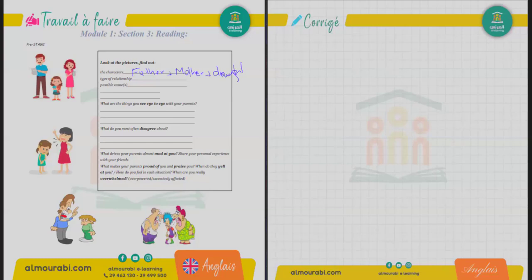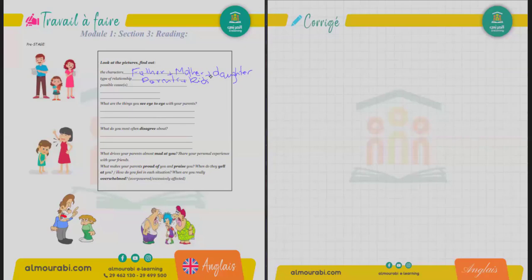Just a moment, please. Let me make it clear for you. So this is father, mother, plus the daughter. Of course, these are the type of relationship: these are parents plus their kids.